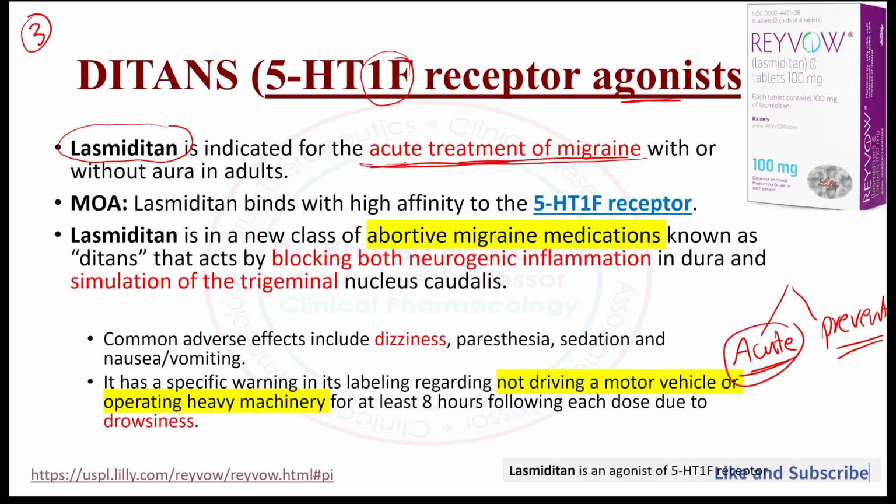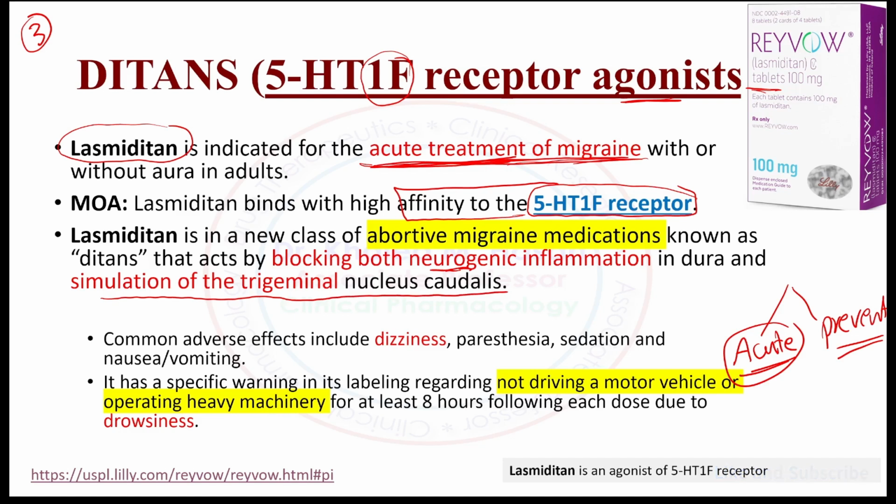Lasmiditan tablets are used for acute treatment of migraine. This medication stimulates the serotonin receptor 1F. We can call it selective for 1F, able to abort the migraine attack by blocking neurogenic inflammation, and this leads to decreased stimulation of the trigeminal nucleus caudalis.